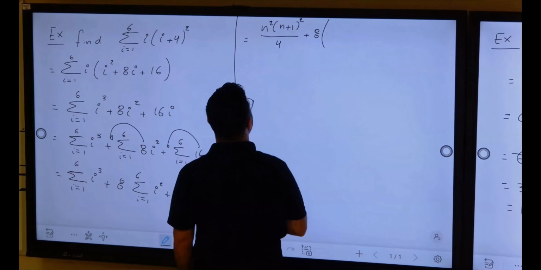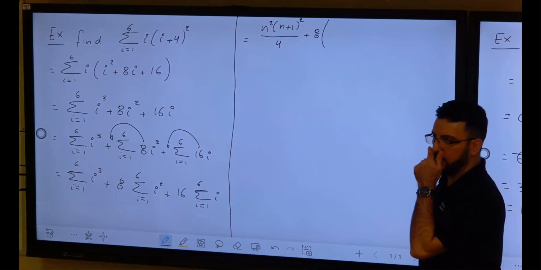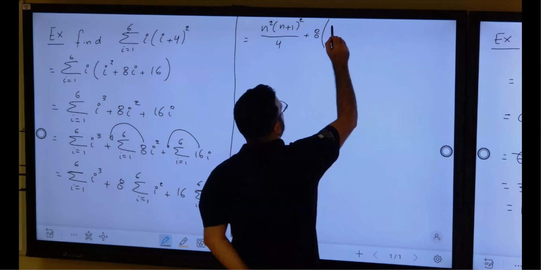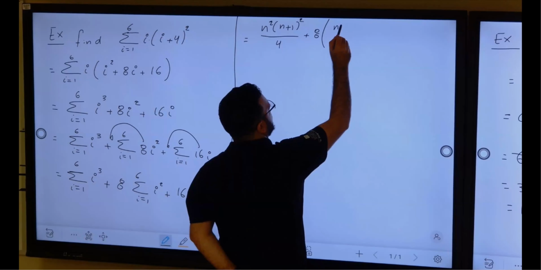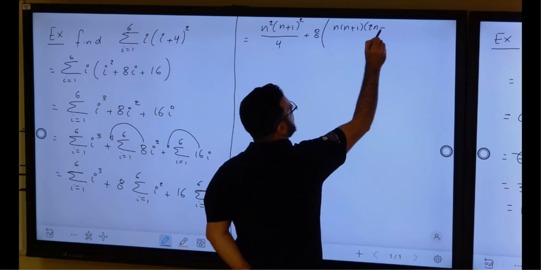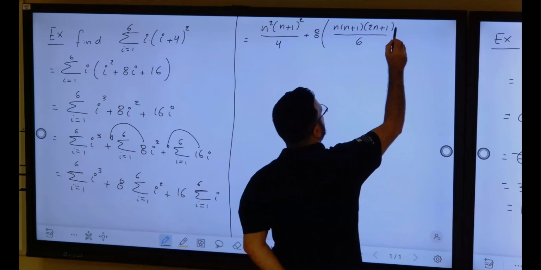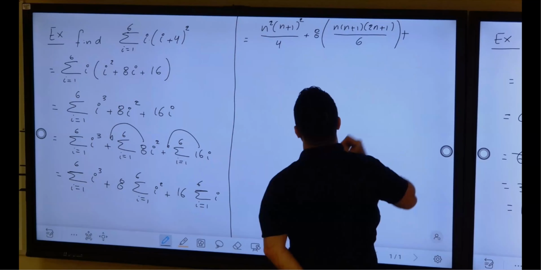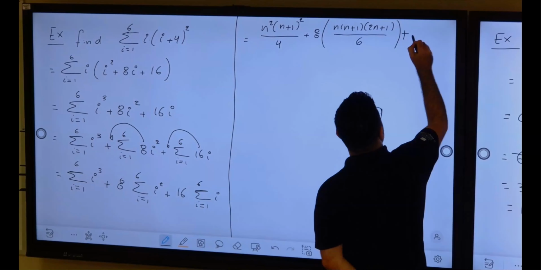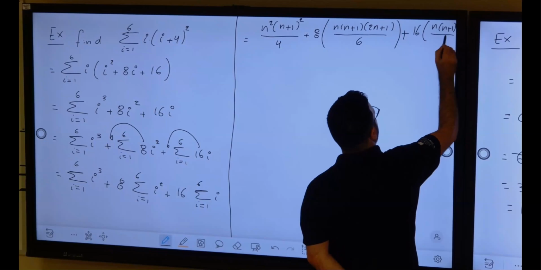The sum of i squared is what? n times (n plus 1) times (2n plus 1), over 6. Plus what? Plus 16 times n times (n plus 1) divided by 2.